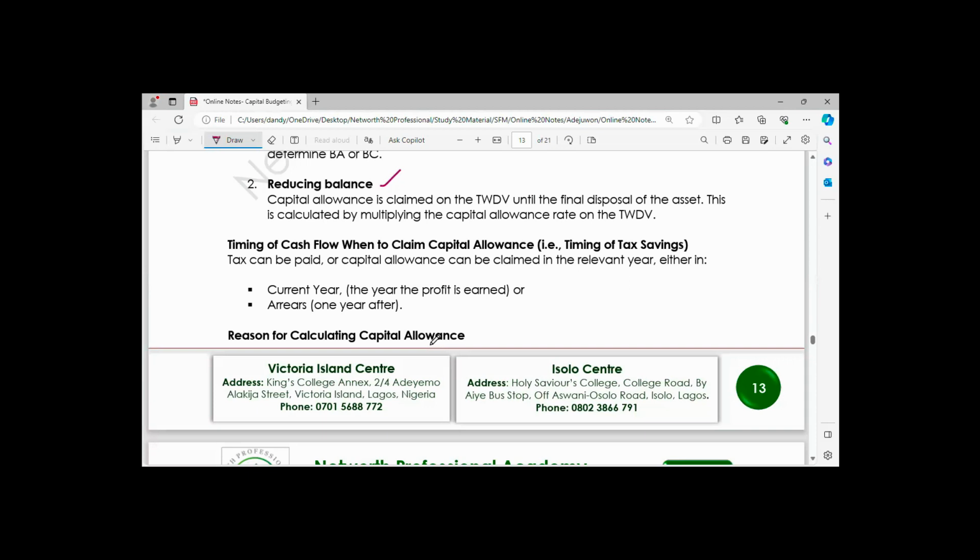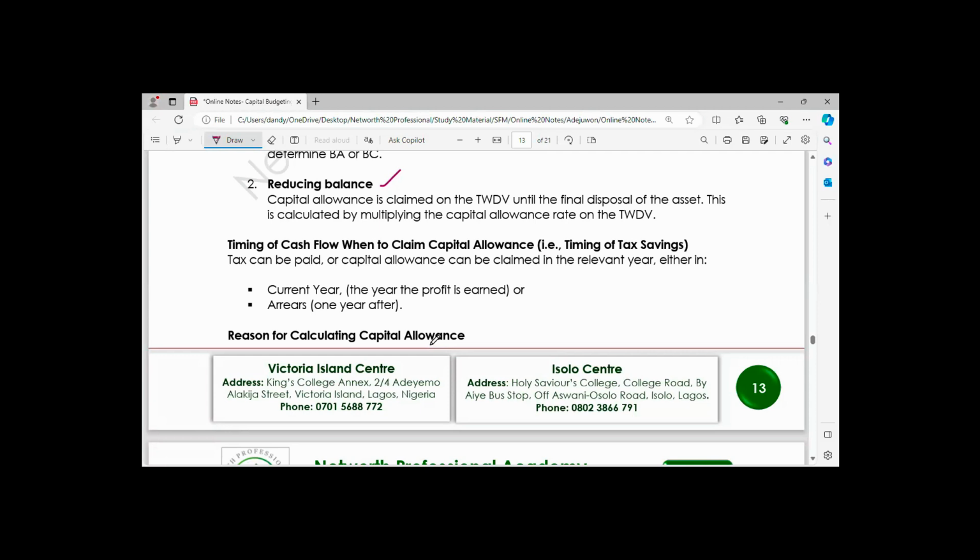When the profit is subjected to tax in the same year the profit is earned, it means that you are using the current year method. But if tax is paid in arrears, it means that the profit of the last 12 months, or the profit of last year, will be subjected to tax in the current year. Okay, that is under arrears.